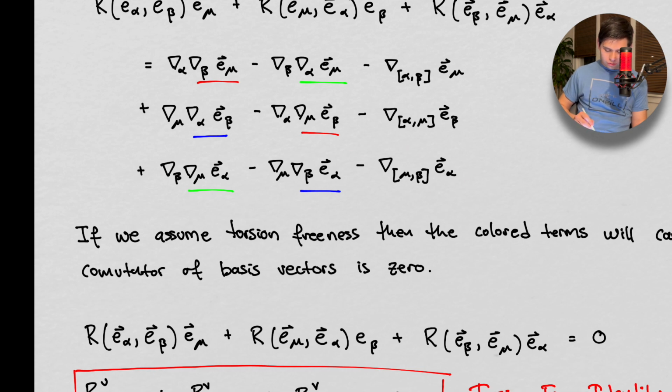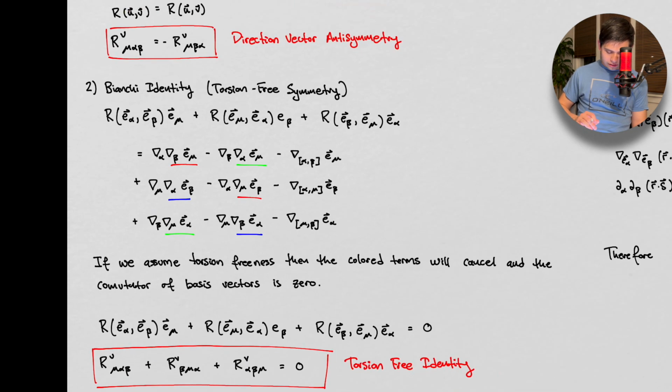We can now notice if we take torsion freeness, we see beta mu, mu beta, right? These things are connections, derivatives of basis vectors. So we have beta mu, mu beta, and there's a minus sign, so those guys will cancel. Alpha beta, alpha beta, beta alpha, alpha mu.